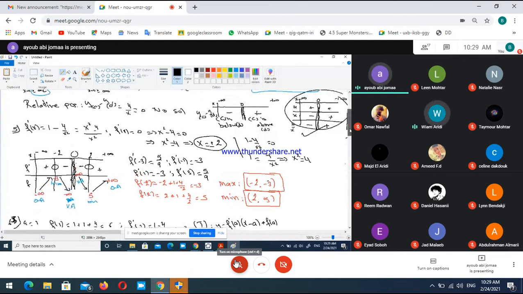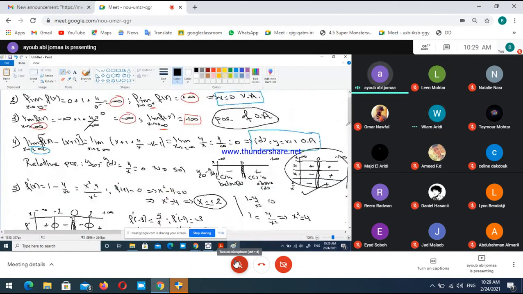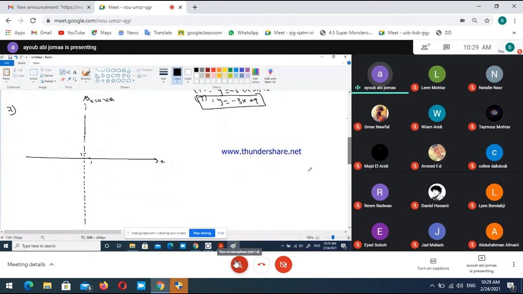We have one asymptote, x equals 0, which is the y-axis. The second line, y equals x plus 1: you have to draw the line of equation y equals x plus 1. To do that, you make a table of values of x and y, as you studied in grade 9. Any two values of x, let's say 0 and 2. If x equals 0, you get y equals 0 plus 1, which is 1.